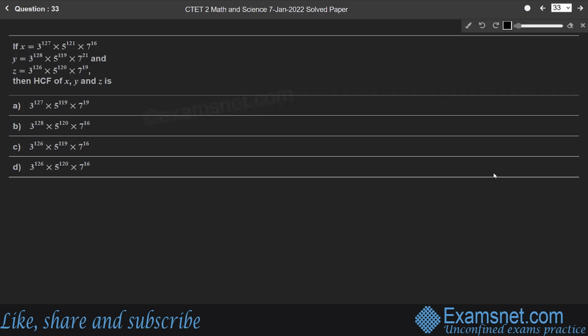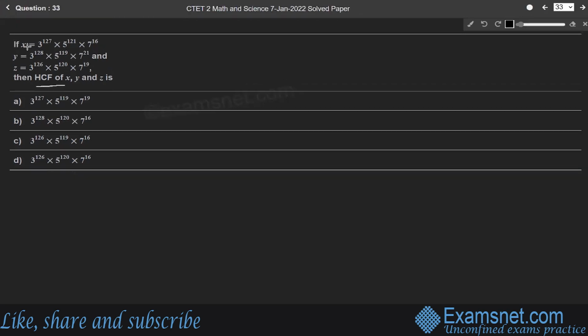Question 33. If x is 3 raised to 127 into 5 raised to 121 into 7 raised to 16, and y is equal to 3 raised to 128 into 5 to the power of 119 into 7 raised to 21, and z is 3 raised to 126 into 5 raised to 120 into 7 raised to 19, then the HCF of x, y and z is?